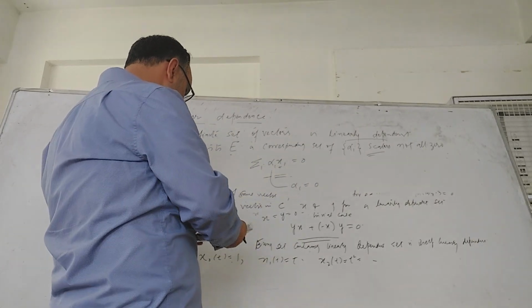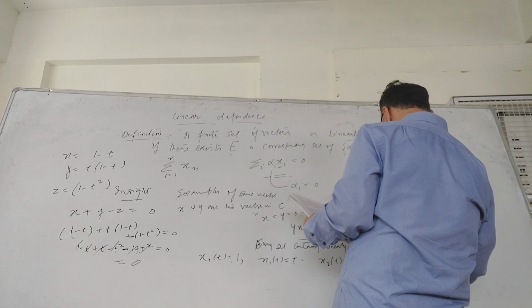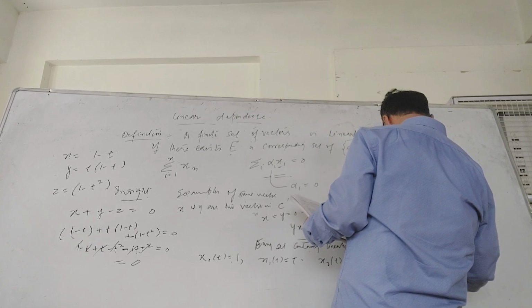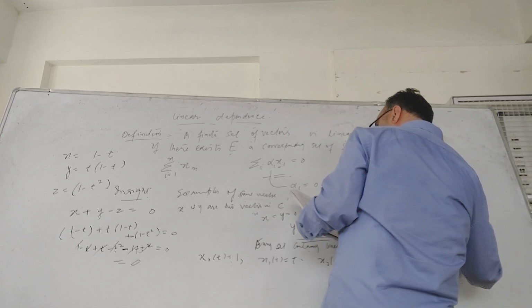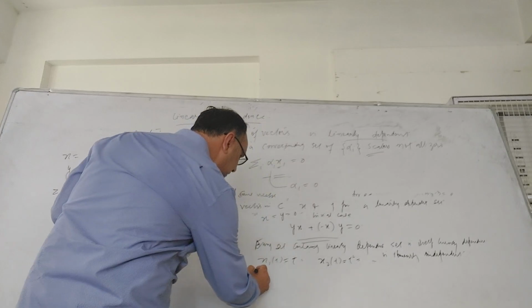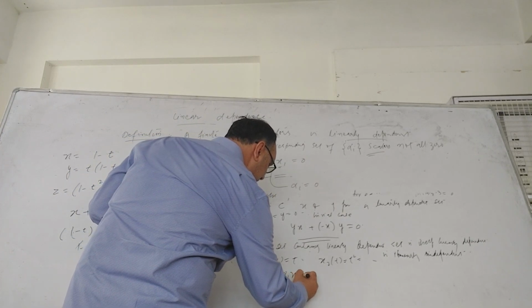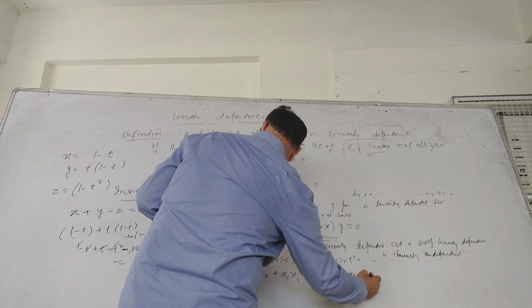So how is a linearly independent set? If this is a linearly independent set, that means alpha 0 x0 plus alpha 1 x1 plus alpha 2 x2 plus ... plus alpha n xn is equal to 0.